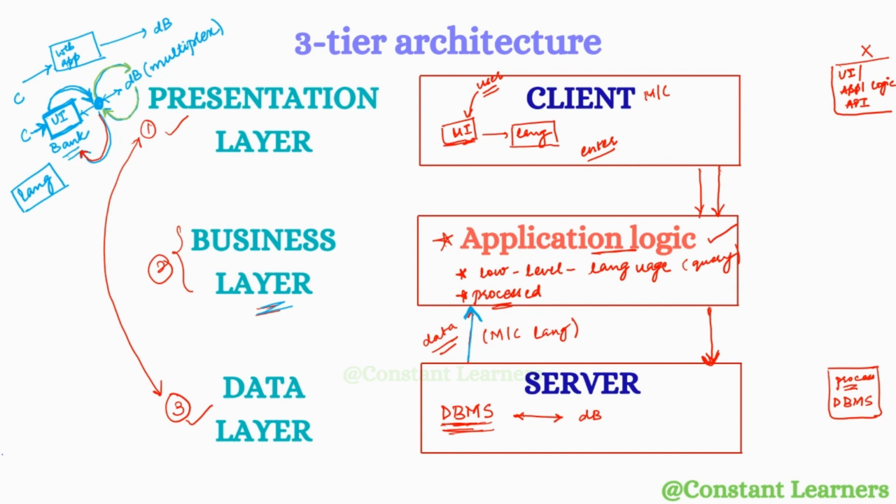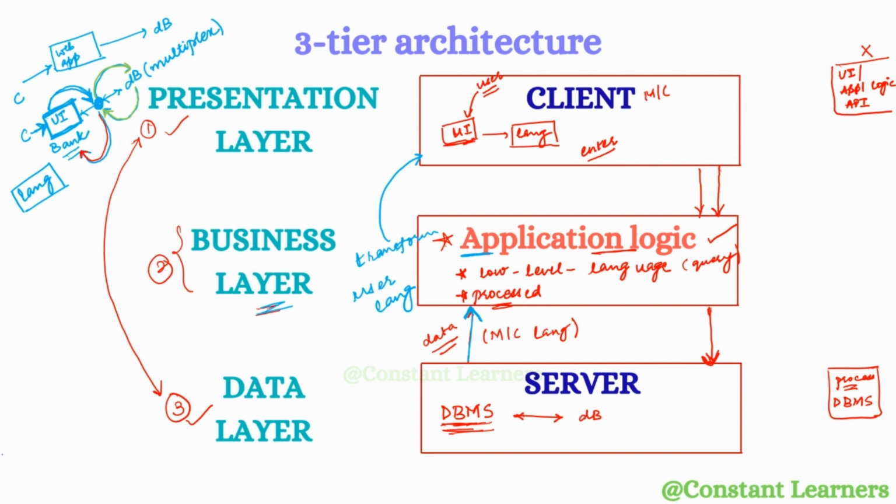So this business layer will again use the application logic to transform the data into a language that the user can understand, that is the user's language, and then finally send the response to the client in a format that the client can understand.